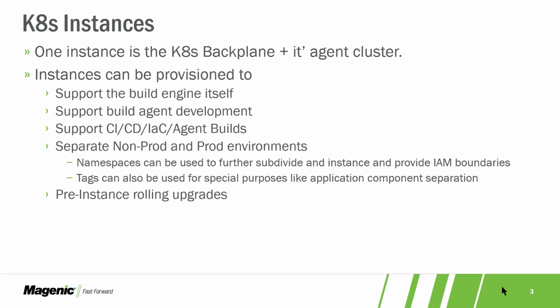And so we don't want to do our experimenting in there. So we probably do want to have a separate non-prod instance of the build engine itself. And we want to be able to support CI/CD and agent builds, IaC builds. And we probably want to separate prod and non-prod environments.